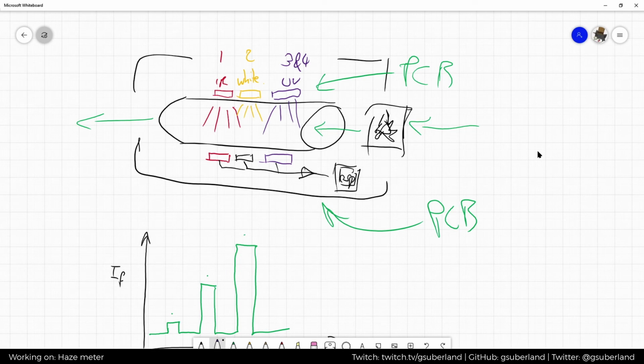But I've already got to have two PCBs anyway, I think, because of the UV detection. Wait, no, the UV detection is being done on a breakout anyway, but it's the IR detection, I believe, that I need on a photodiode. So I need two PCBs anyway. Yeah, I don't know. I will probably end up just using a white LED.